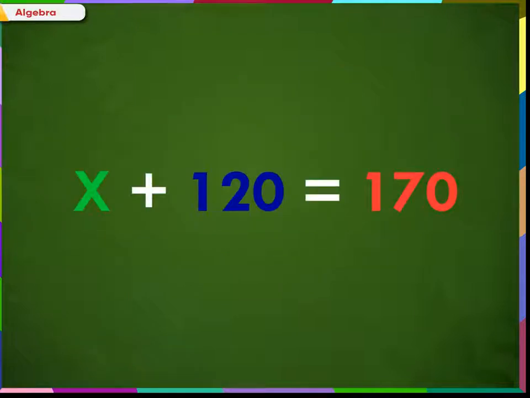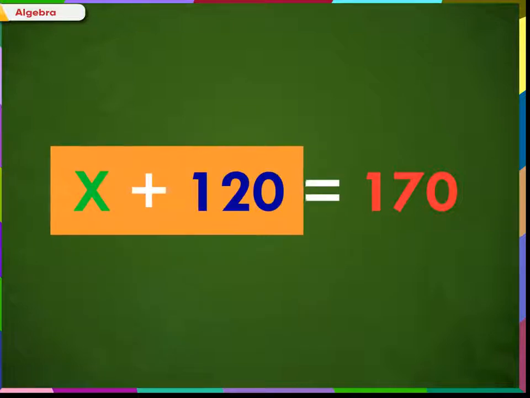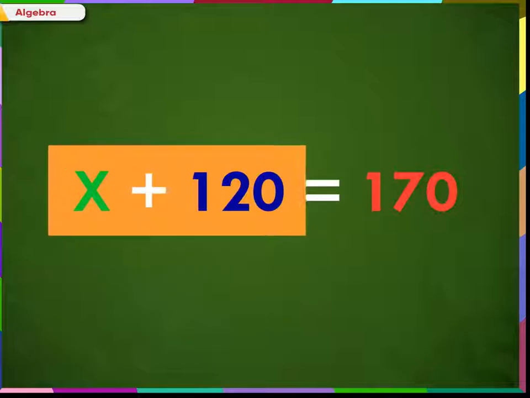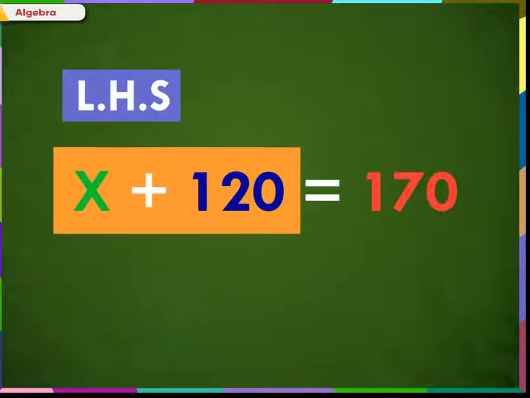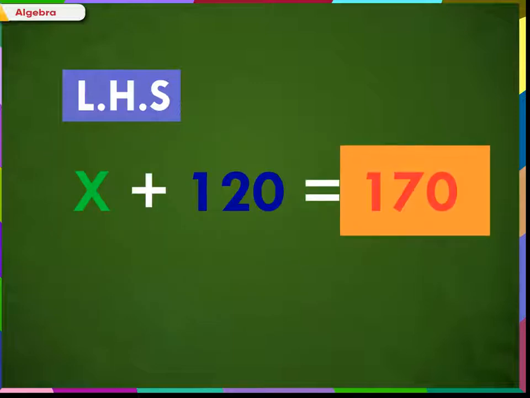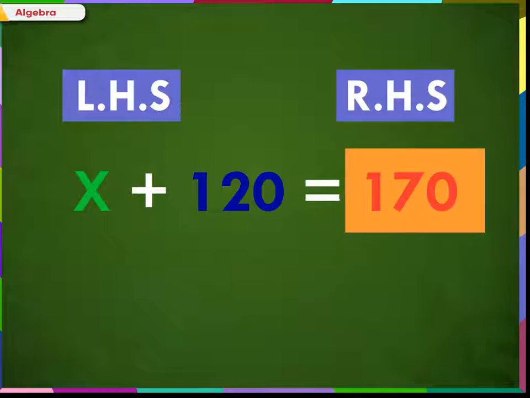An equation has 2 sides. The quantity on the left of the equal to sign is usually called the left-hand side, in short, LHS. And the quantity on the right of the equal to sign is usually called the right-hand side, in short, RHS.